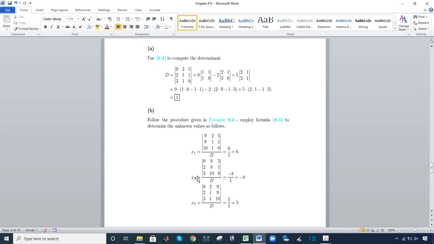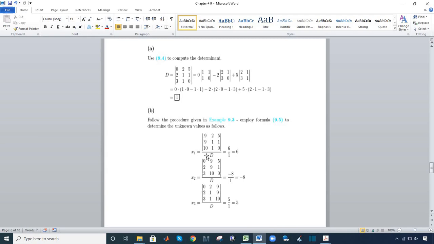In second, means x2, first column is same, and second column is coefficients, and third is also same. And in x3, first two columns are same as original matrix, but third column is replaced with coefficients.